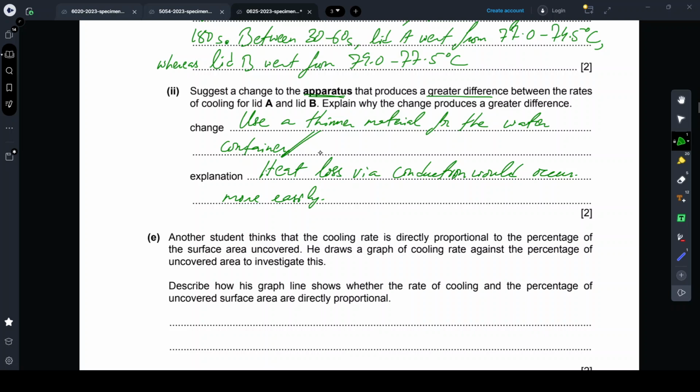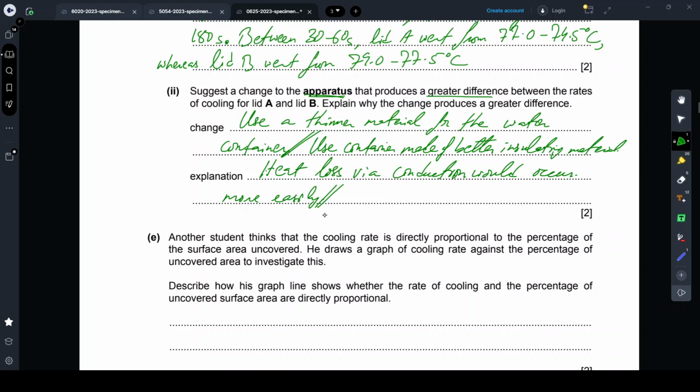Use a container made of a better insulating material. And so, what's the explanation for that?